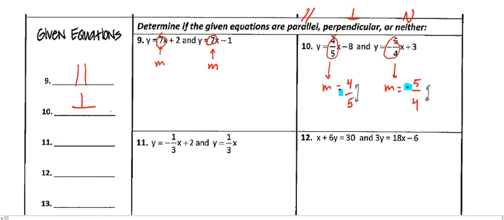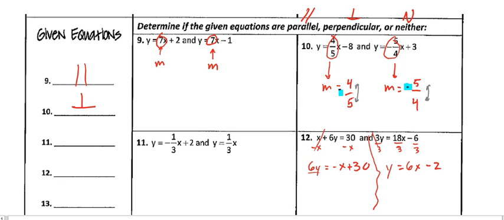Let's do one more, number 12. Just because number 12, you have one extra step, you've got to convert to slope-intercept form first. So that means subtract x on both sides. 6y equals negative x plus 30. You guys are good at this by now. This one, you just got to divide by 3. I'm doing one step at a time for each one. Let's make a little space. That would give us y equals 6x minus 2.